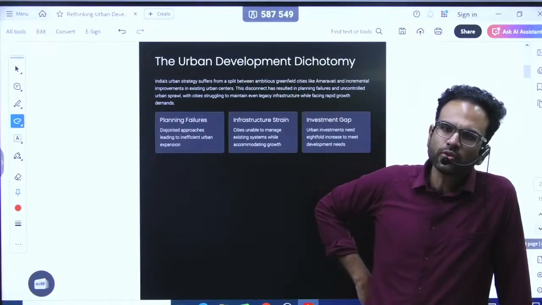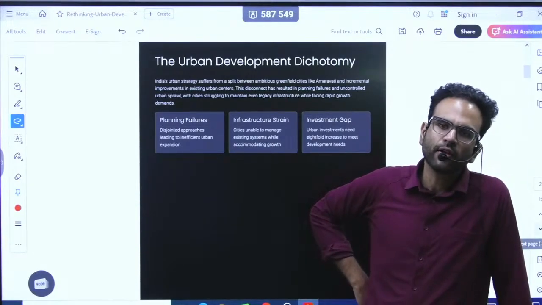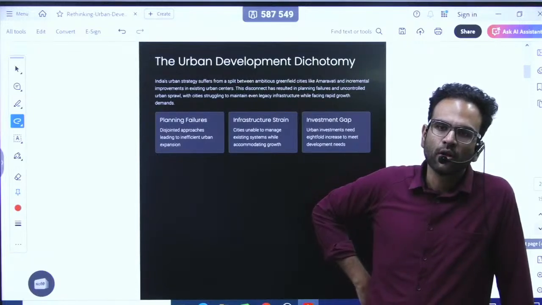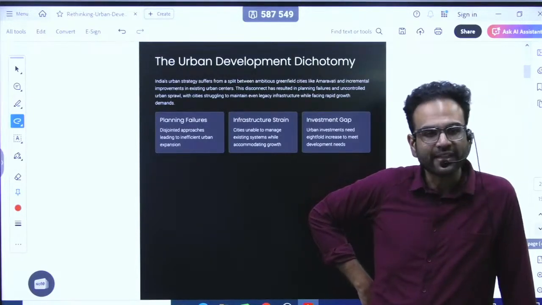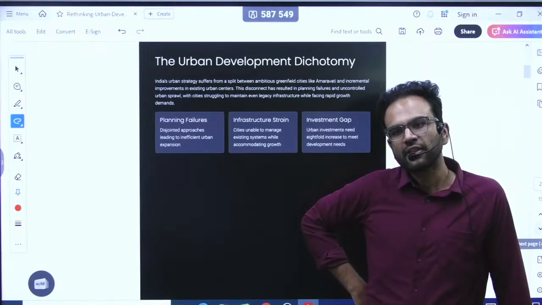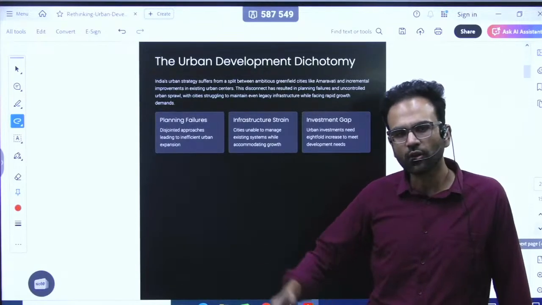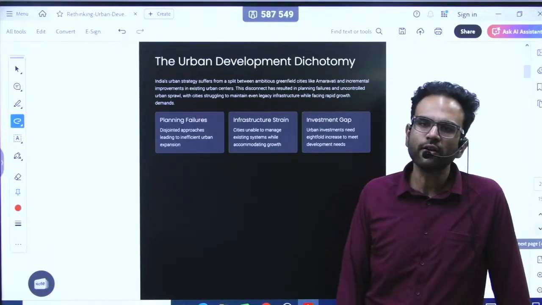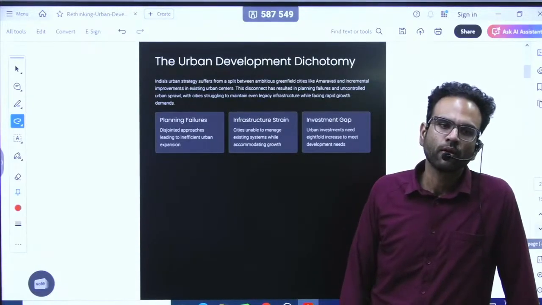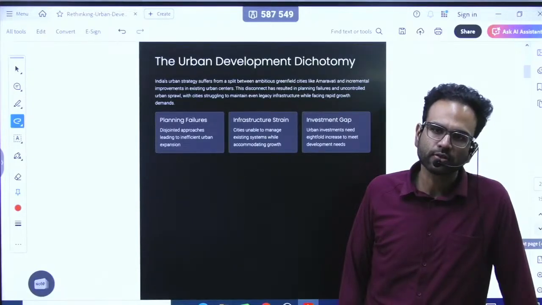Do you think a house owner would be happy to give away his land so that we have better roads? So the retrofitting of existing cities is a big challenge. Either we are constrained for financial resources, or on the other hand we are constrained for land. So this is the dichotomy of urbanization as a process.